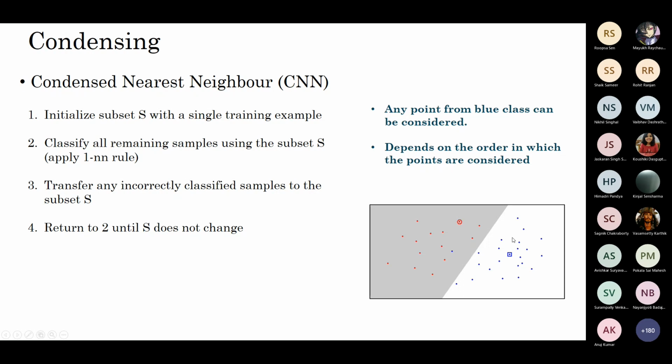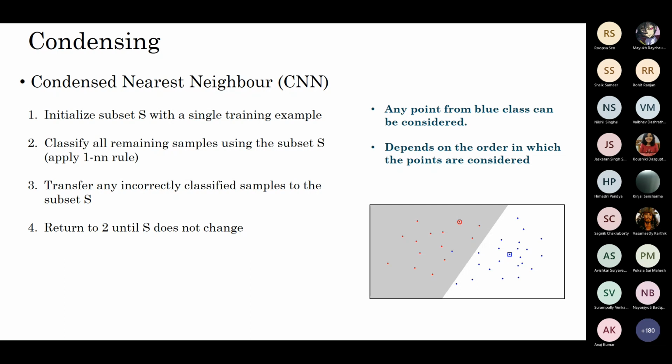It's a trivial case, right? Because you are choosing these points in any order, and you do not know the order yet, for example, you chose this particular blue point first. You know there is only one point in set S, so there is a misclassification. So you accept this one into set S. Now my set S will have 2 points, this particular point and this particular point. Any question? That is important to understand.